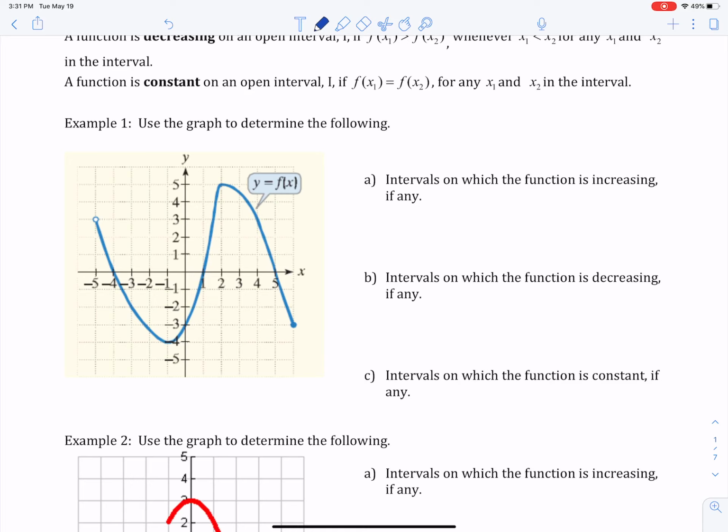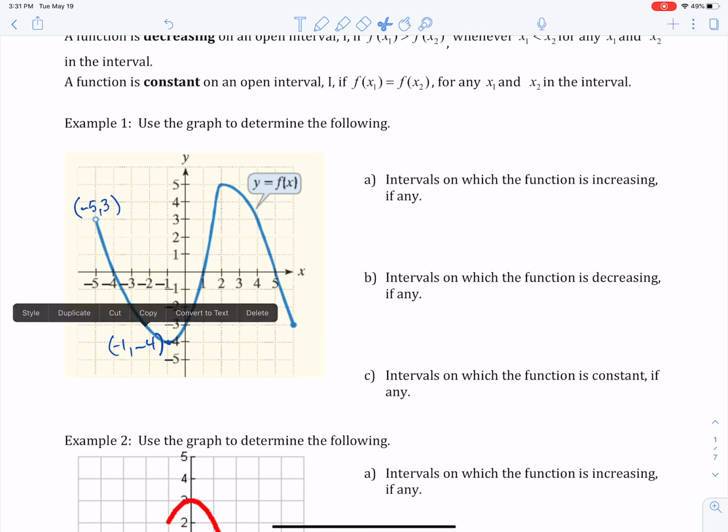The top point here would be at x is -5, the y value would be 3, and then the next at x value -1, the y value is -4.